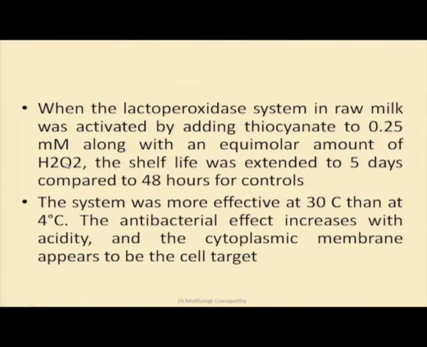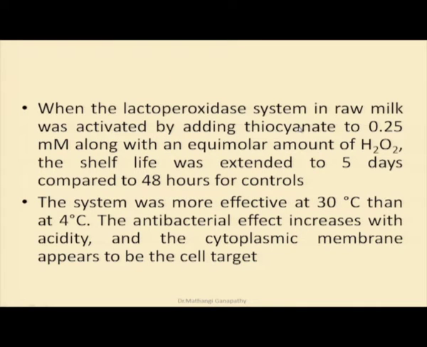When the lactoperoxidase system in raw milk was activated by adding thiocyanate to 0.25 millimolar along with an equimolar amount of hydrogen peroxide, the shelf life was extended to 5 days compared to 48 hours for the controls, meaning normally milk will get fermented within 48 hours, whereas when the amount of thiocyanate was increased to 0.25 millimole along with an equimolar amount of hydrogen peroxide, the lactoperoxidase system got activated and the shelf life of that particular sample of milk was extended.